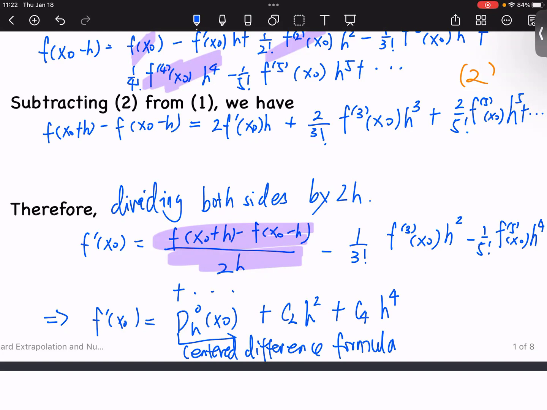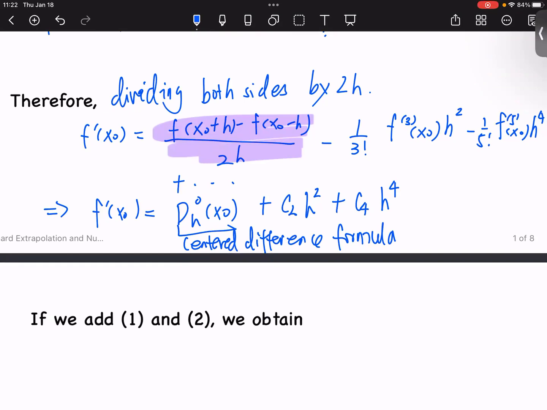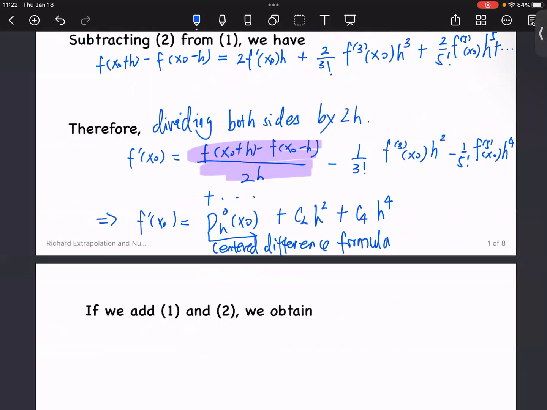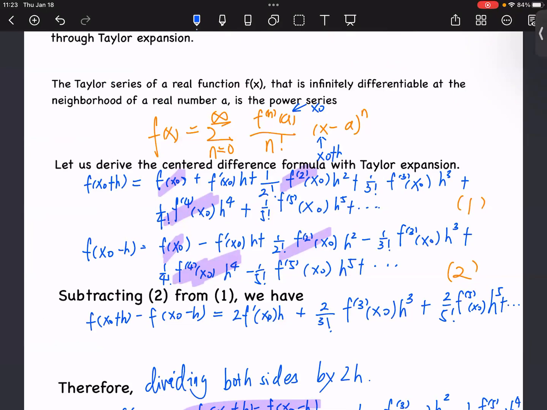Next, once we have such a formula, let's take a look at what we can do with these two expansions. I'm doing something else with these two expansions, but this is not about Richardson's extrapolation. I am going to use these two Taylor expansions here to derive a formula to approximate the second derivative.